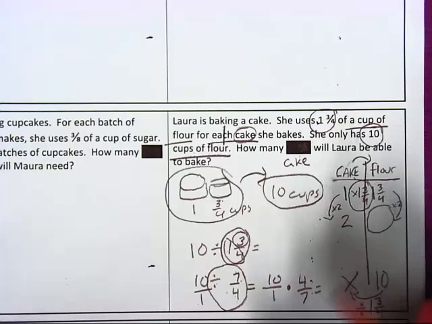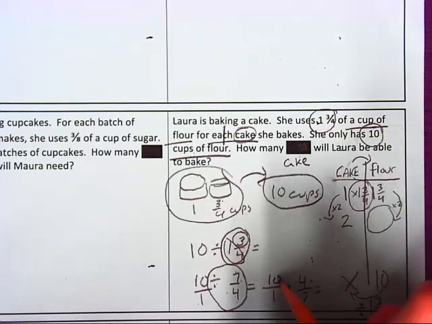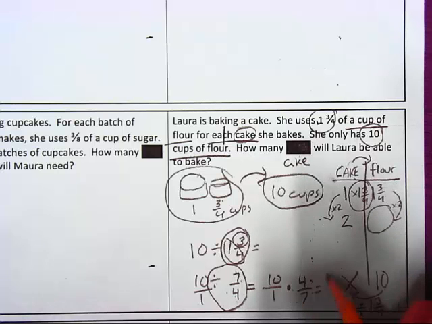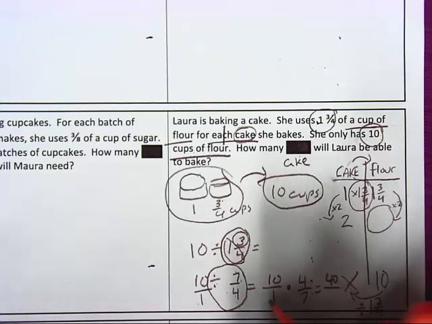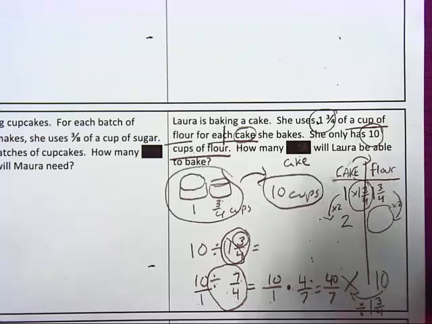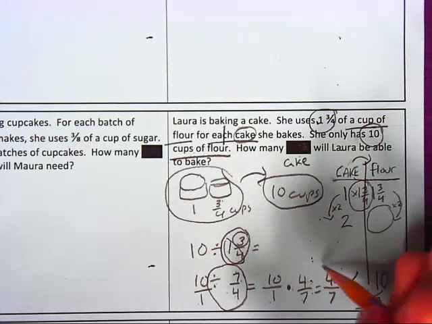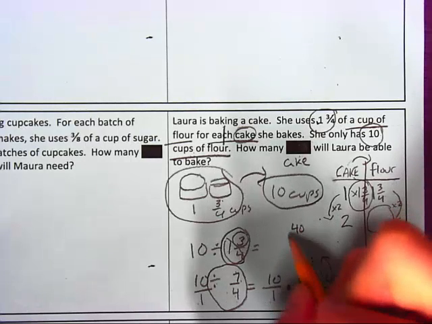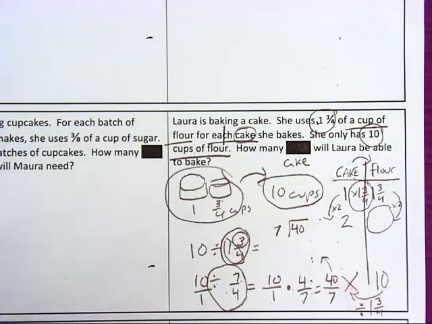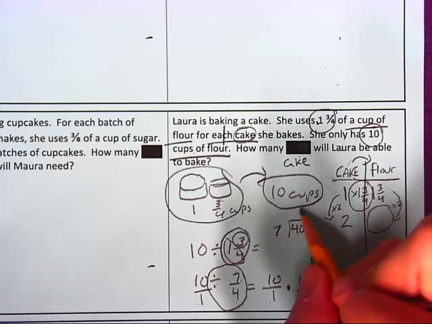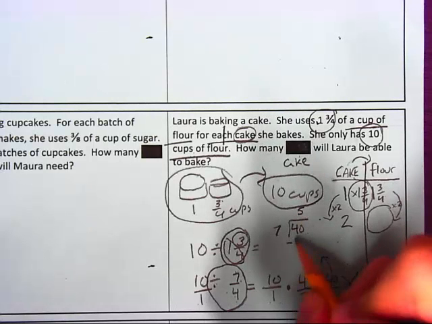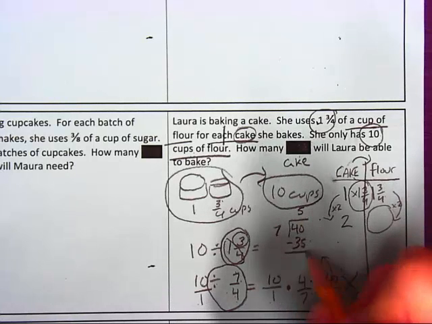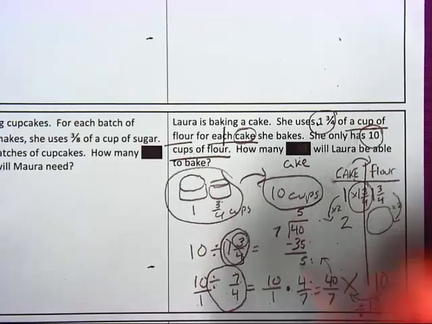I'm kind of running out of room here. I'm just going to go ahead and finish it out right here, and then I'll kind of use the space. So 10 times 4, 40. 1 times 7 is 7. And then we can just kind of take this up here. We can do a little 40 divided by 7. 7 goes into 40 5 times. There's 5 left over.